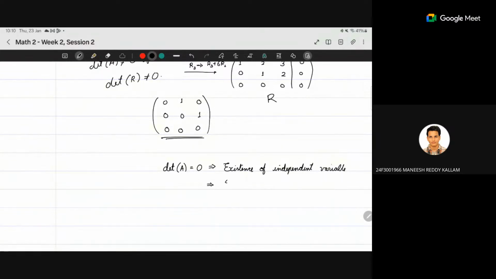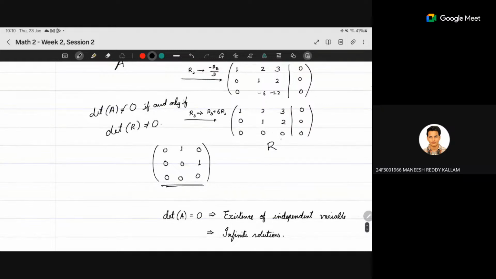This implies infinitely many solutions. In this particular case, you see that the dependent variables correspond to columns x1 and x2, and x3 is an independent variable.